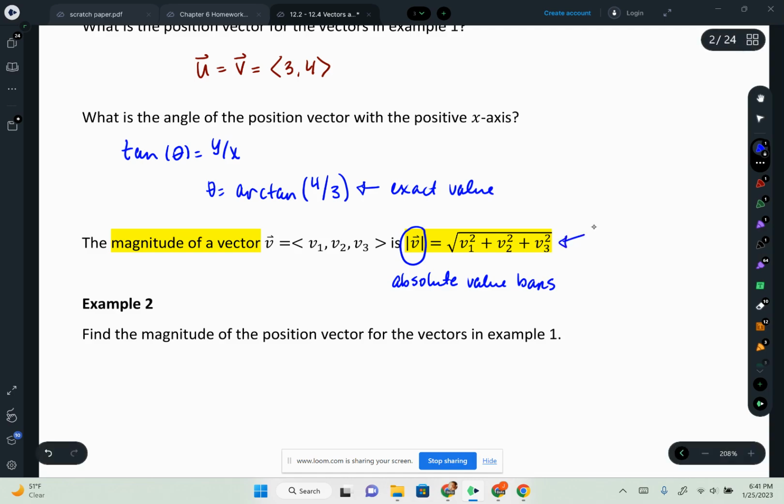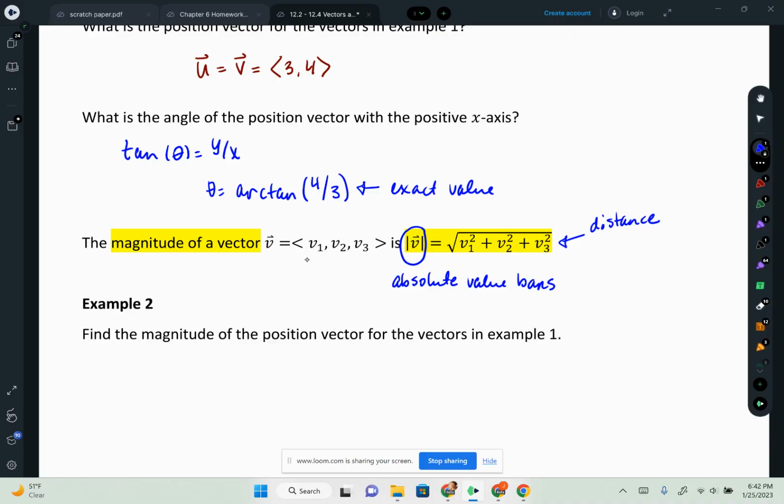So inside here, this is distance. And what we've got here is a v vector. v has components v1, v2, and v3. And so the magnitude of v is by definition going to be the square root of the sum of the squares of the components of the vector.